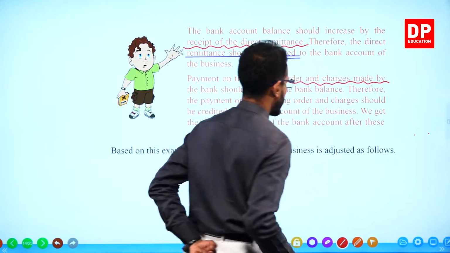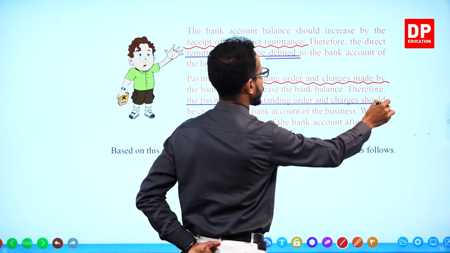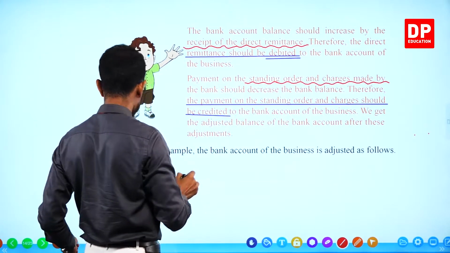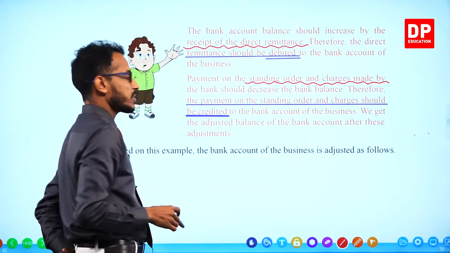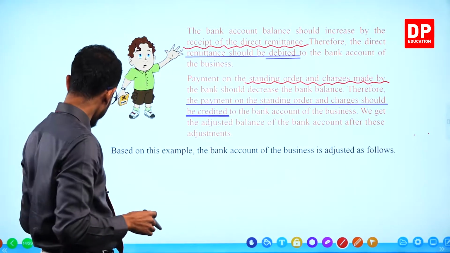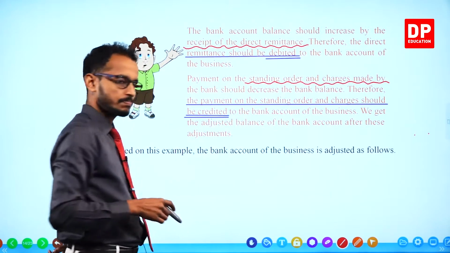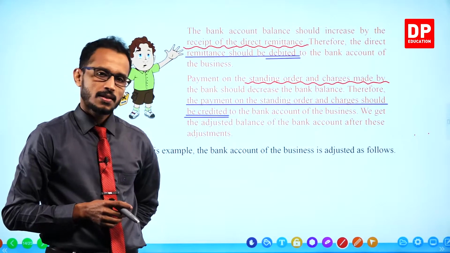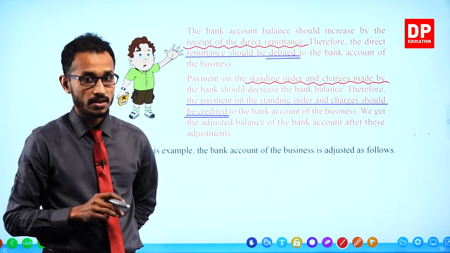Now, what are we talking about? Should be credited where? Should be credited in the adjusted bank book that we are going to prepare. Not yet prepared, right?